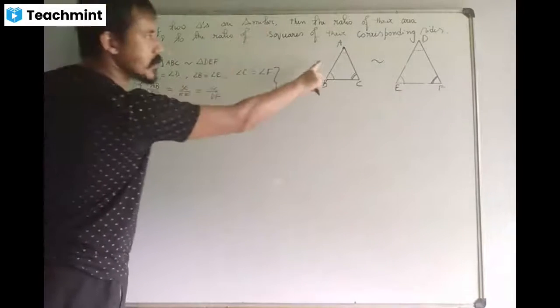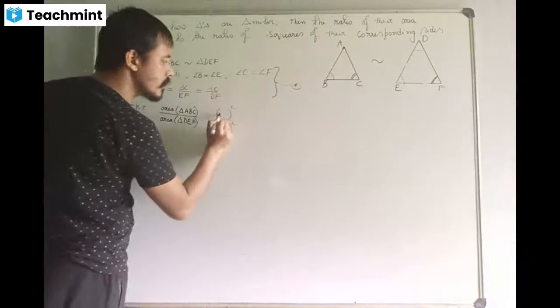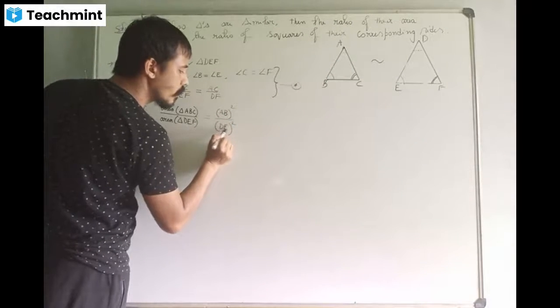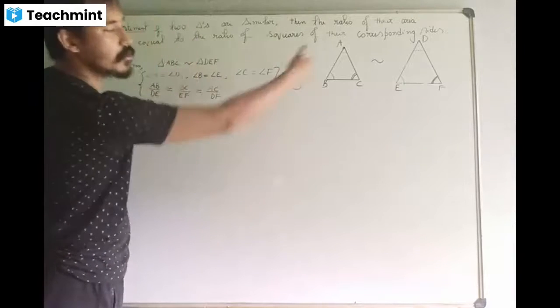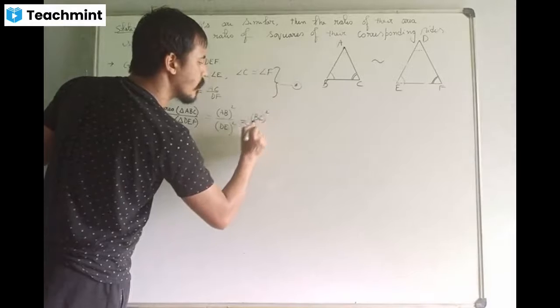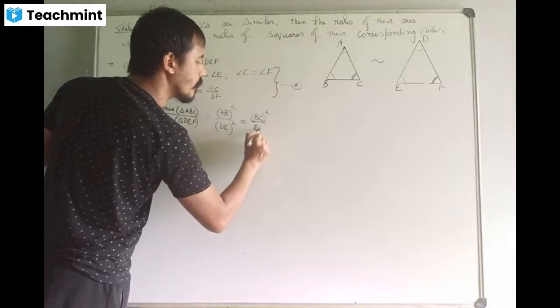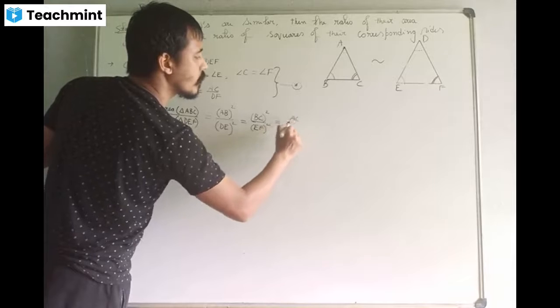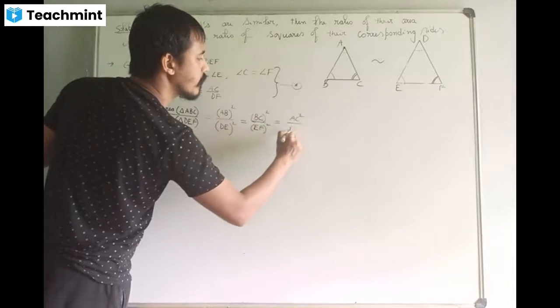Means your side AB corresponds to DE. So you have to write AB square upon DE square. Or you can use the ratio of other corresponding sides, BC square upon EF square, or AC square upon DF square.